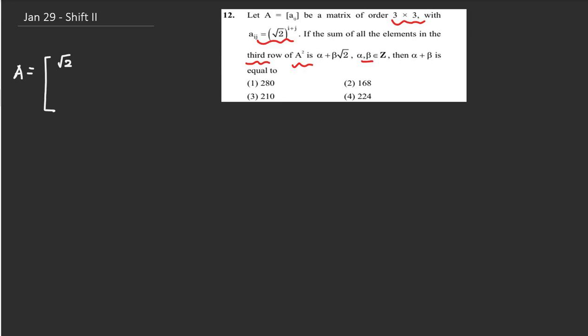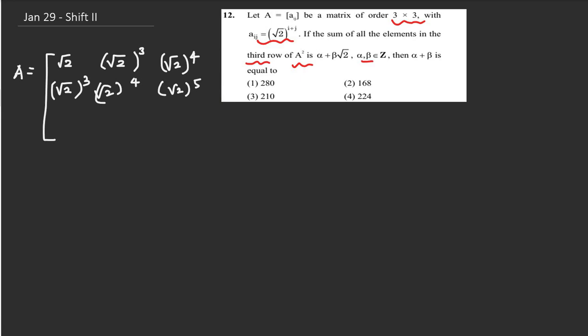Root 2 whole power 1 plus 2, the A12 element will be equal to root 2 whole power 3. Next, root 2 whole power 4. The next element will be root 2 whole power 3, root 2 whole power 4, root 2 whole power 5, and root 2 whole power 4, 3 plus 1, 4. The next element will be root 2 whole power 5 and root 2 whole power 6.